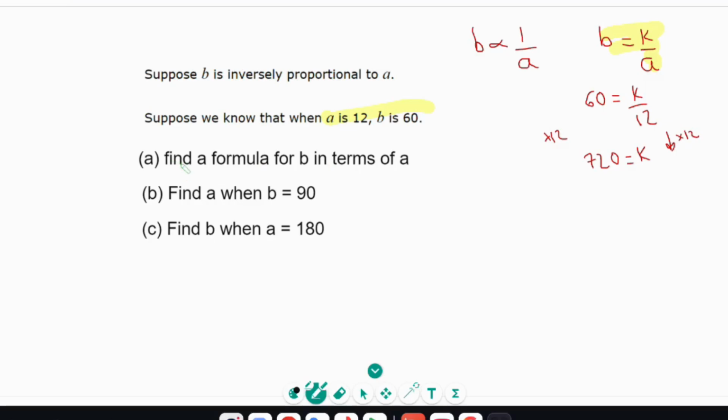To find a formula for B in terms of A, we know K is 720, so we will replace that here. So for part A, B is equal to 720 over A.